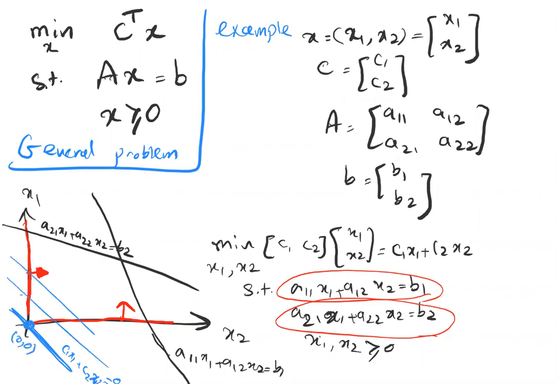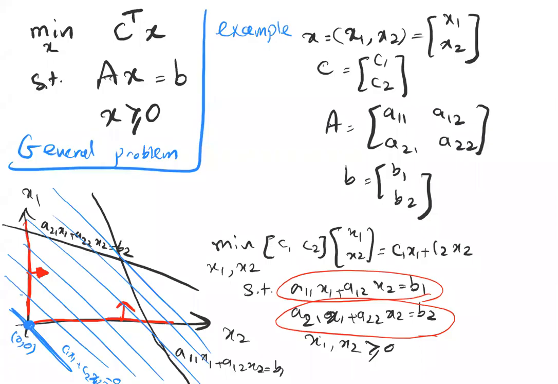And then we draw this for different lines. So the optimal point is where both of these constraints are satisfied and also the values are positive. So this is going to be our optimal point.